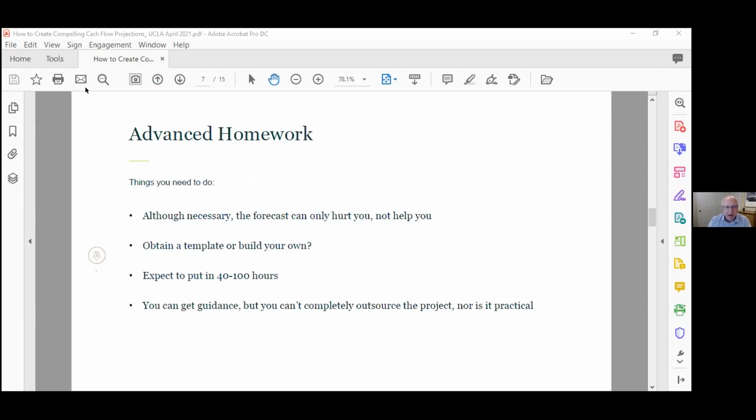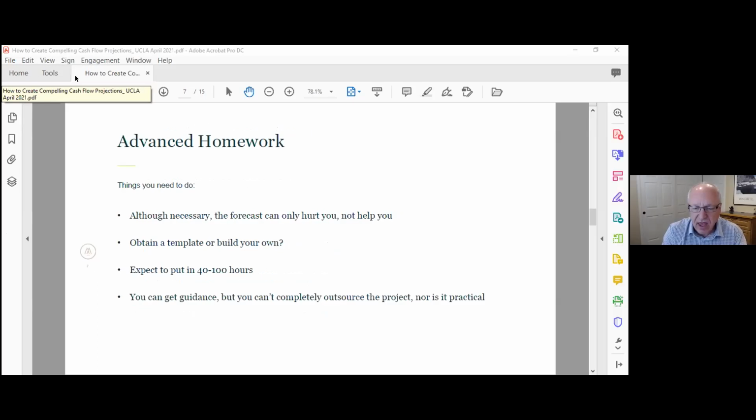The next thing I always advise people on when building a cash flow is that it takes longer than you think, so start earlier than you think. If you have a big meeting the next morning, that's probably not the best time to start this. I think it takes easily 40 hours because of the iterations I was talking about.